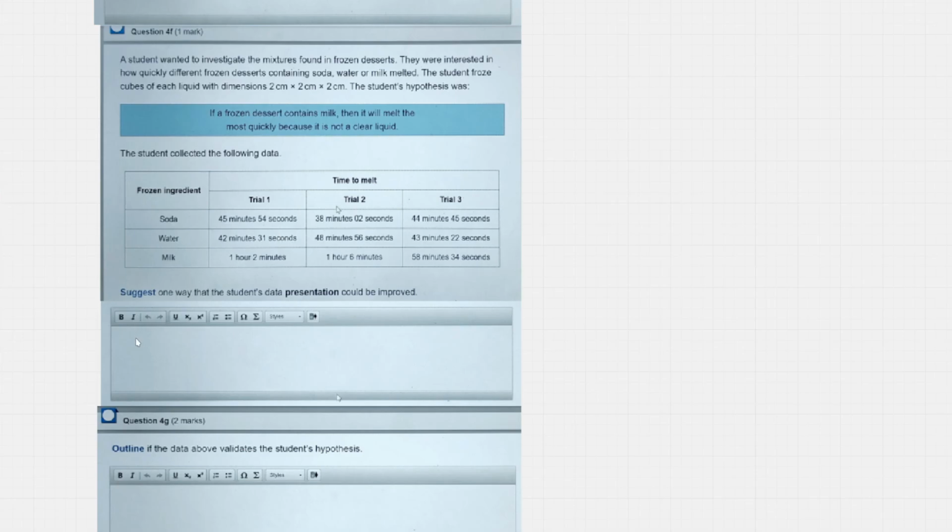Okay, so there are a couple of conventions that you should remember for IB. The first one is that the units are not the same. A few are in hours, a few are in minutes. So you could write that.